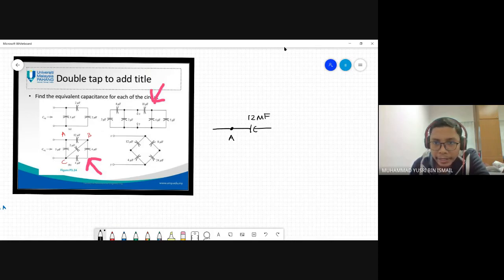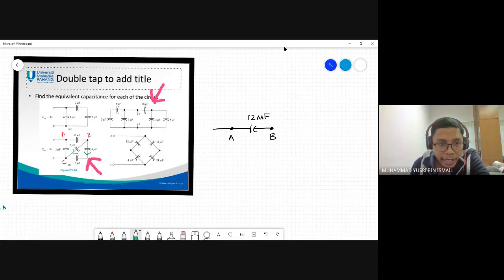Okay, and then arrive to B. Then untuk pergi ke node C, ada dua junction. Satu junction ikut bawah ni, and then there is another junction. Okay, saya tukar warna. This is the first junction and then this is the second junction.